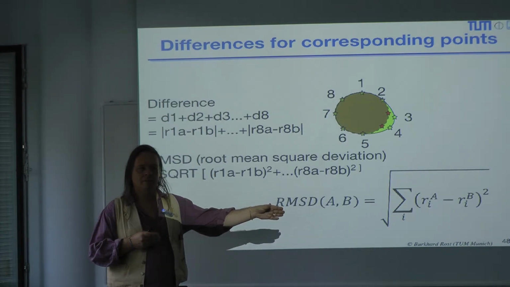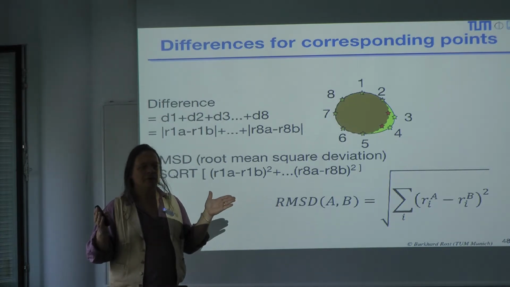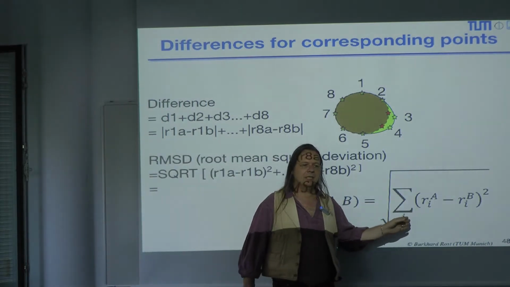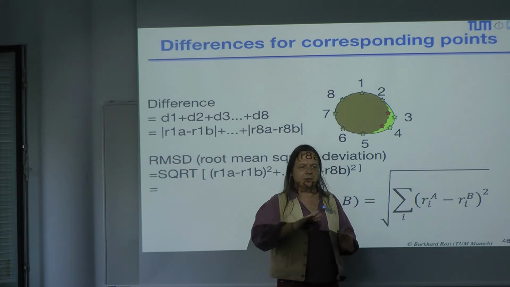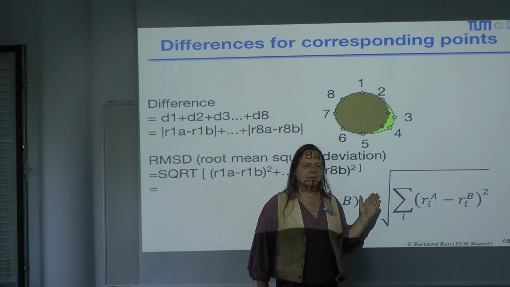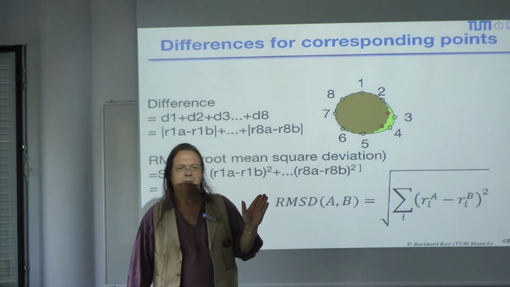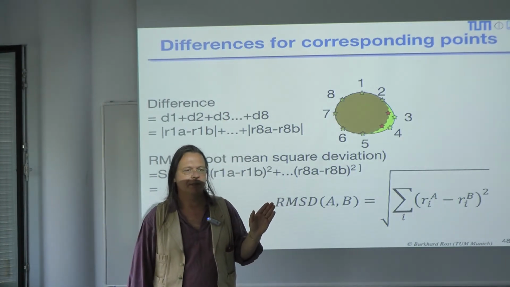We can't get negative distances? No, with absolute value you don't have negative distances either. You look at the distance and, if it is negative, you take the sign away. What's the difference between the square and a simple absolute distance?